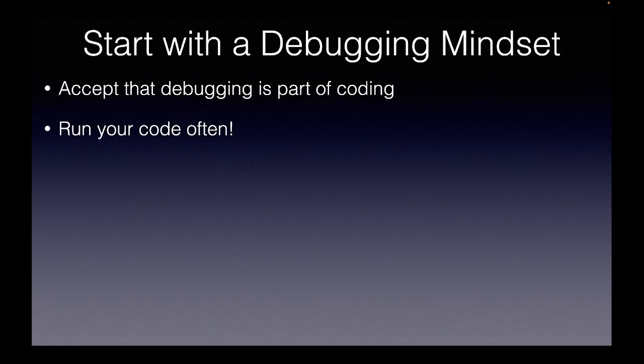If you type up 100 lines of code before you try running it the first time and then you get an error, you now have 100 lines of code that you have to go through and find that mistake. But if you just type a few lines of code and then run that, if you do have an error, you only have a few lines of code that you have to look at if something goes wrong. So run your code frequently. Don't let yourself build up a bunch of errors that you have to fix at once. Just work on a little piece at a time.